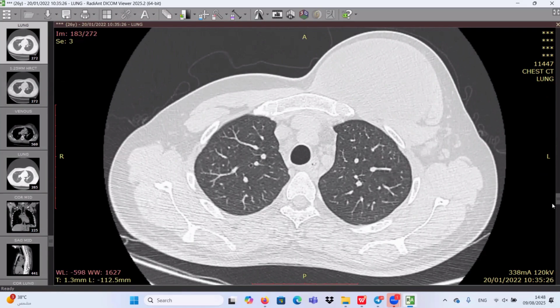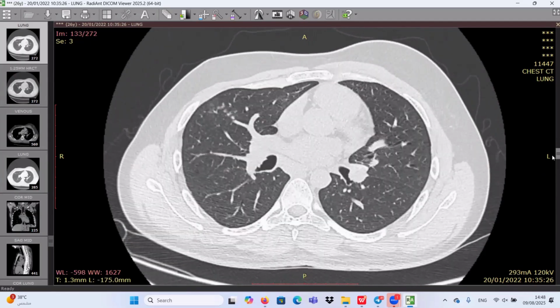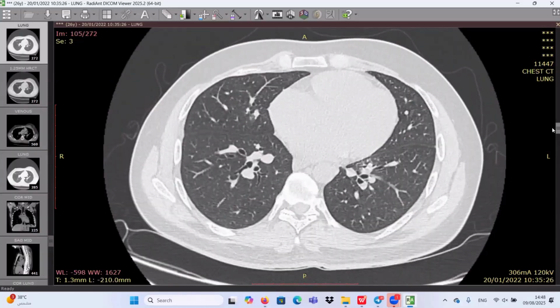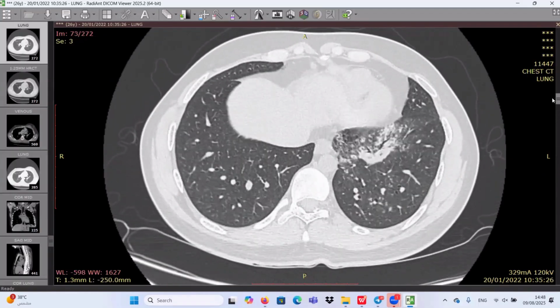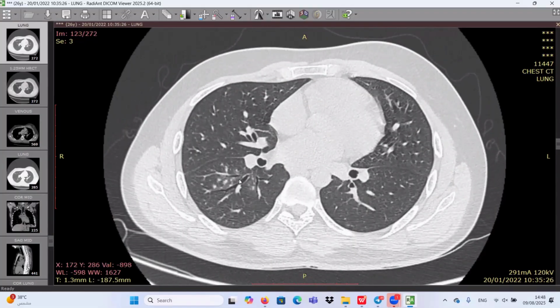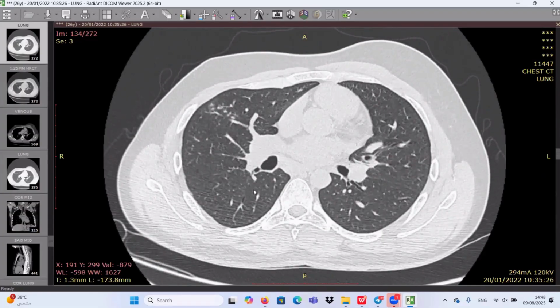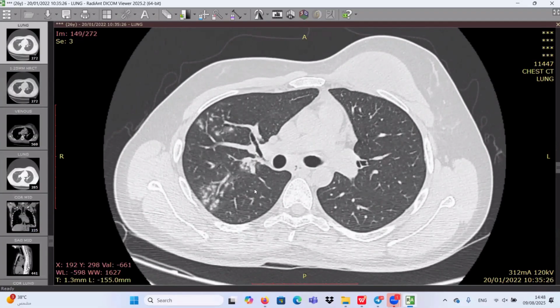So as you said, I think we concluded together the findings, and this one is going with active tuberculosis infection. We have here ill-defined centrilobular nodules, and sometimes centrilobular nodules show linear branching outline.